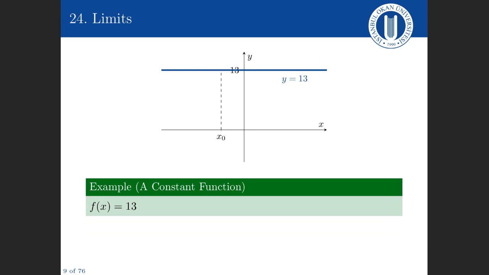Plus, we have a constant function. Let's say a function which is always equal to 13. What is the limit as x tends to some number x0 of this function? The limit of a number, in this case 13, is always equal to that number.